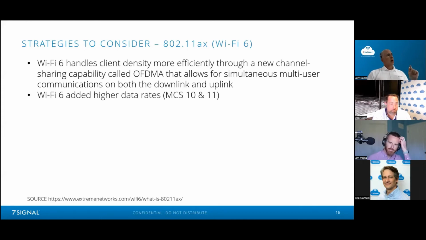Right. There's higher data rates, and Jim, I believe this is because Wi-Fi 6 supports 1024 QAM versus 256. Is there something else that contributes to the higher data rates, or is it the modulation? That's the biggest change. Yeah, the addition of 1024 QAM, which enables MCS 10 and 11. Now there are some other differences that also resulted in some marginal increases in data rate, but this is the biggest change. Yeah.